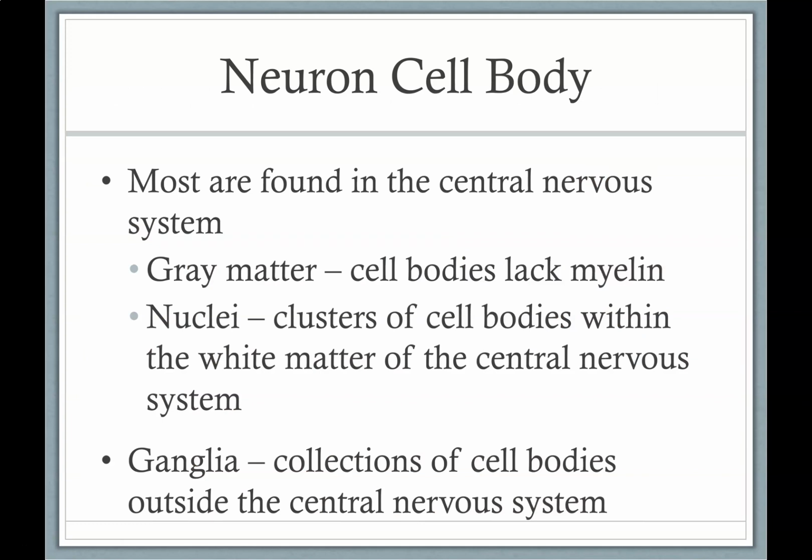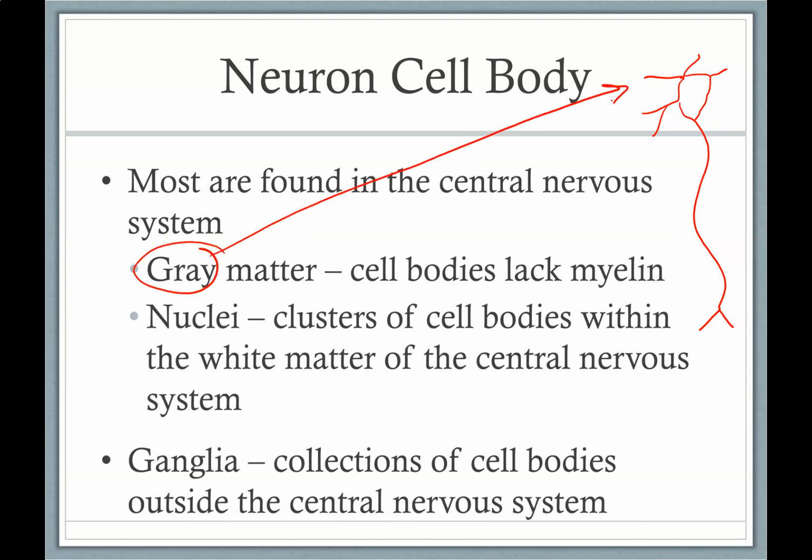The neuron cell body, got a couple choices here. Now you got the cell body, which once again, there's your cell body with the dendrites. There's your axon terminals. So the cell body is going to be known as gray matter. It's going to be known as gray matter because it's going to look gray, because it lacks myelin.